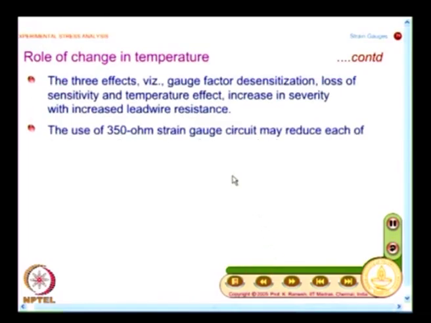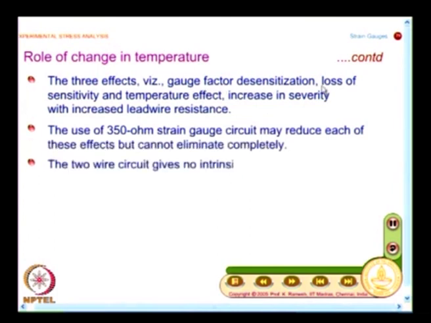So, what you find is the gauge factor desensitization or loss of sensitivity and temperature effect increase in severity with increased lead wire resistance. So, you have to account for it in practical applications.